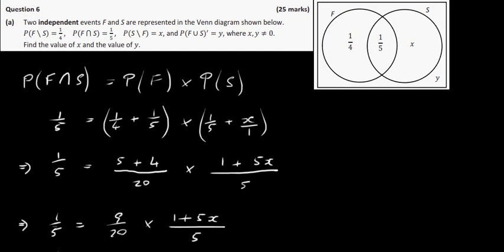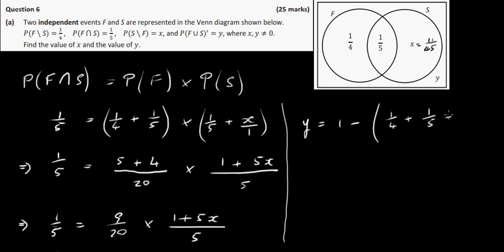So we just come back up here again, and let me just put that in. X is equal to 11 over 45. So what I've got to do now is add up these three, subtract from 1, and that should give me y. So y is just going to be equal to 1 minus a quarter plus 1 over 5 plus 11 over 45, and when you work that out you will get y is equal to 11 over 36.